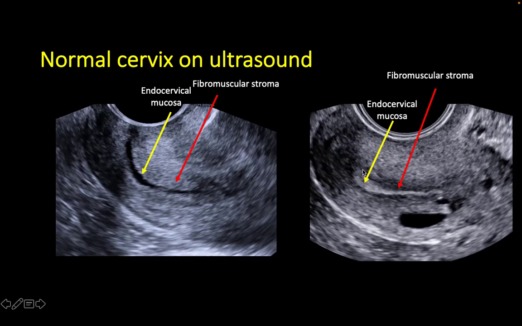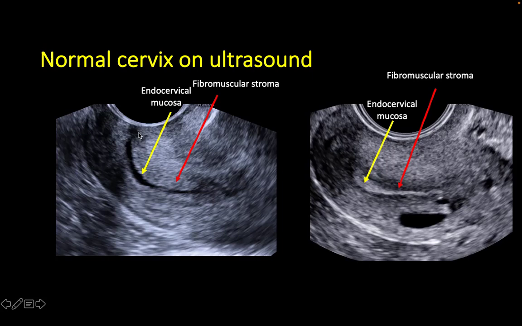Similarly, we have this hypoechoic layer outside the echogenic endocervical mucosa, which is the fibromuscular stroma. And that is why it is hypoechoic, because it's composed of fibrous and muscular tissue. This hypoechoic band that you see on either side corresponds to the fibromuscular stroma.